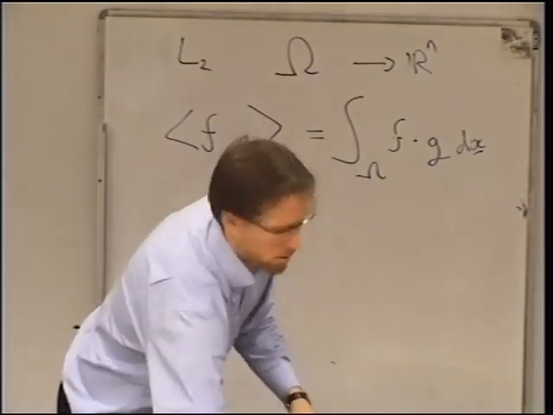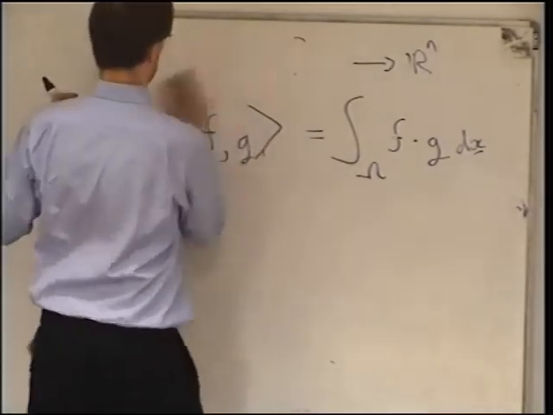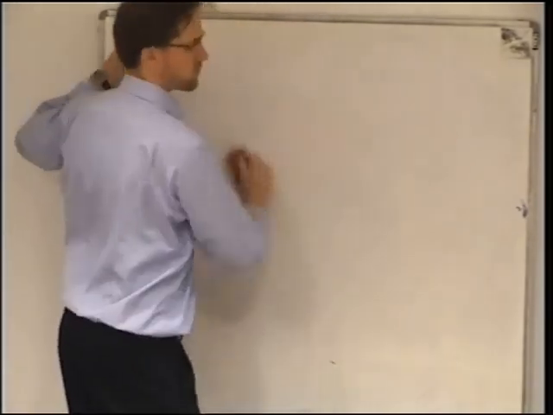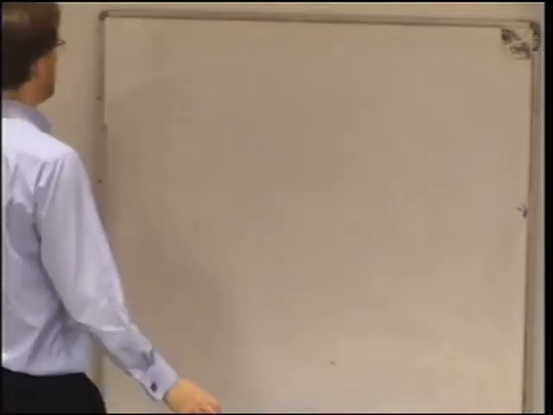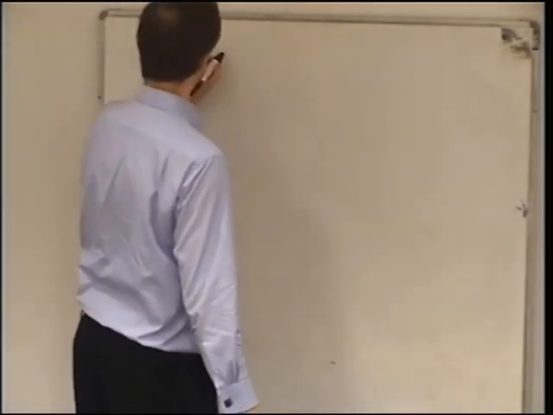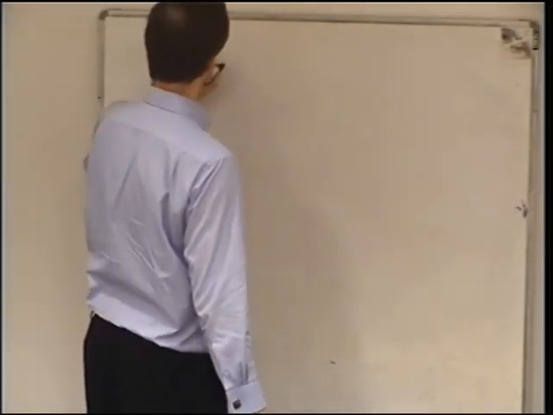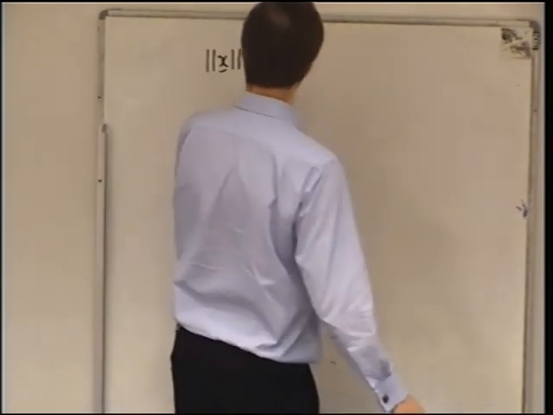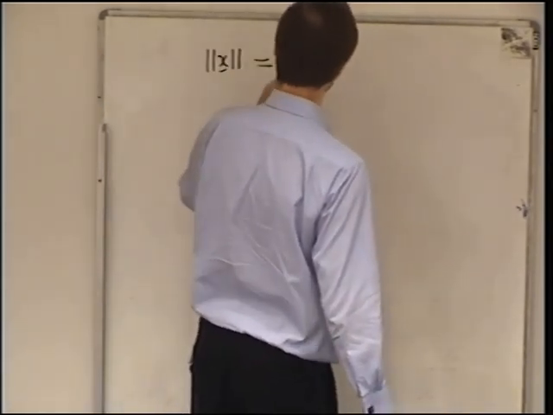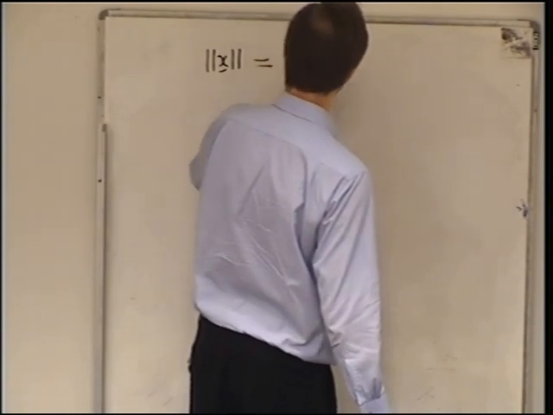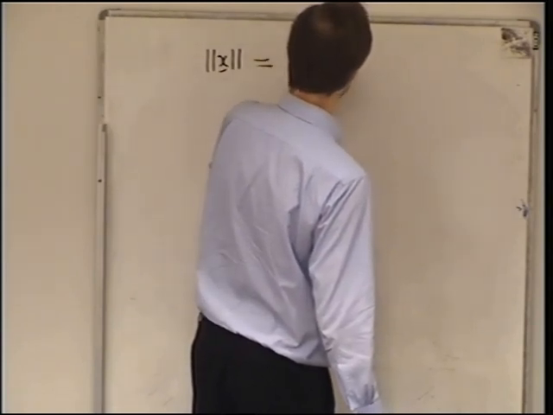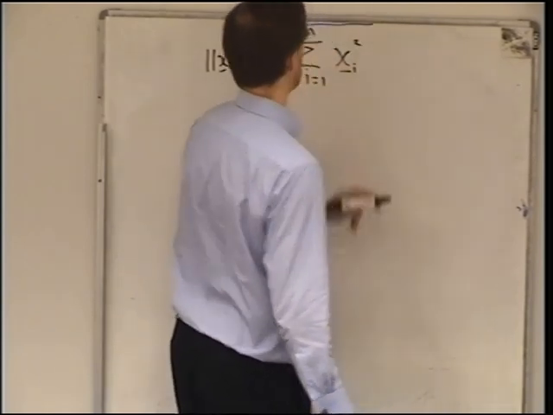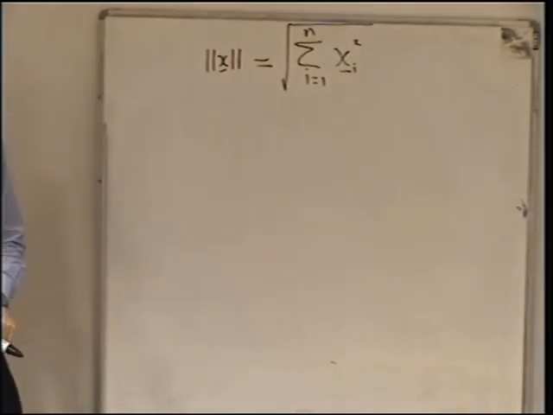So in Rn, we have that the norm of a vector is equal to the sum from i equals 1 to n of xi squared, the big square root over it.